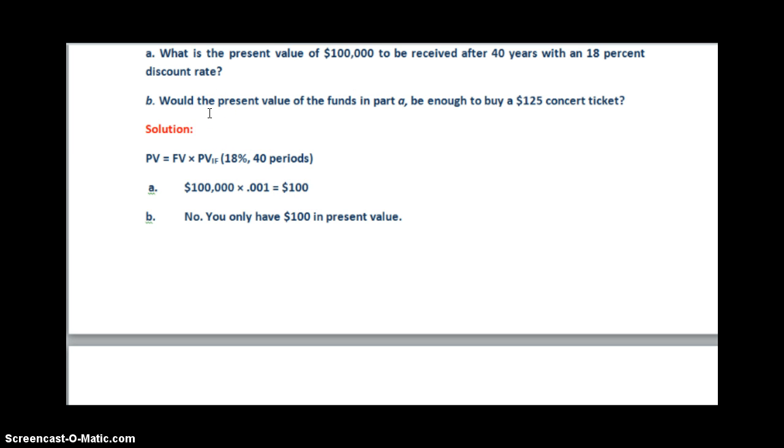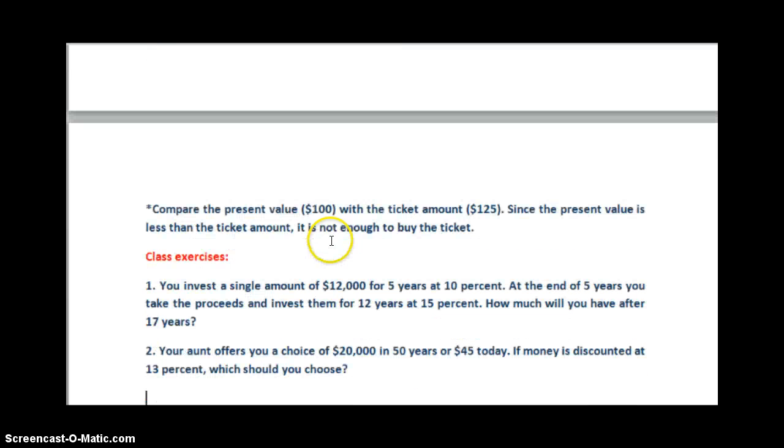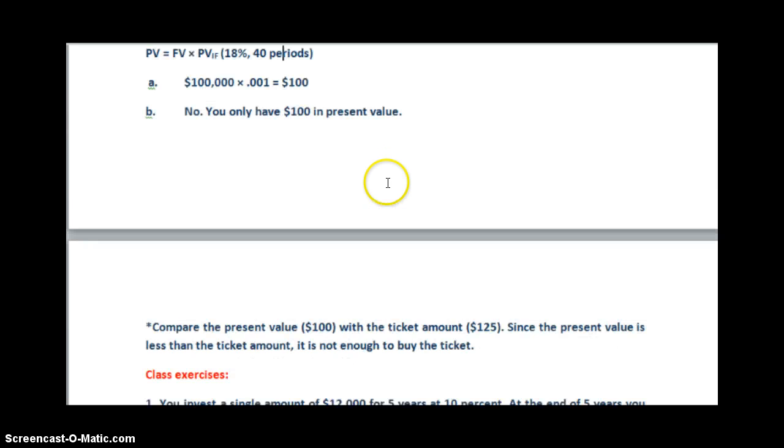The B part of the question says, would the present value of the funds in part A be enough to buy a $125 concert ticket? To answer this question, what you will do is compare the present value which you got in part A, which is $100, with the ticket amount of $125.